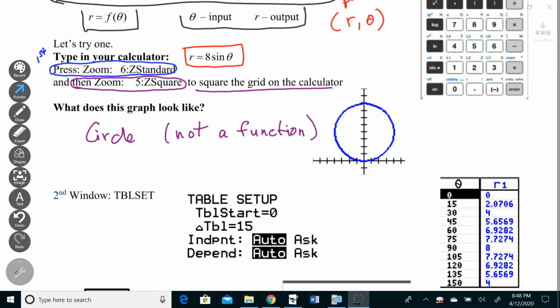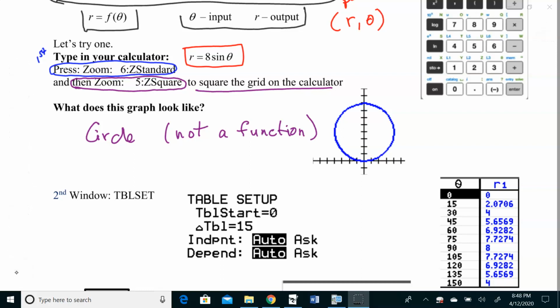So as a recap, what I did was put 8 sine theta in the calculator, and I hit zoom 6, and then zoom 5 to square it up, and this is the picture I got. It was a circle. It is not a function. I'm going to have the table do this for me. I'm not going to calculate all the values myself.